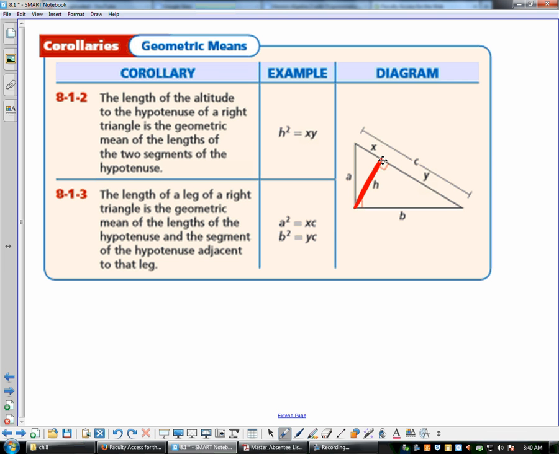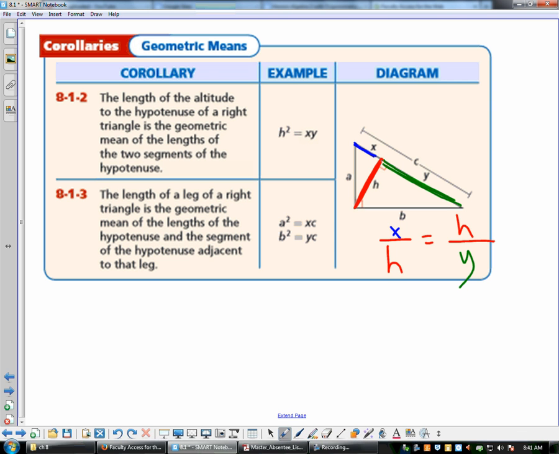And that segment, which we're calling H in this picture, is the geometric mean of the lengths of the two segments of the hypotenuse. So that means that H is the geometric mean between X and Y. Does that make sense? That's our first proportion. We already learned that on the previous page.